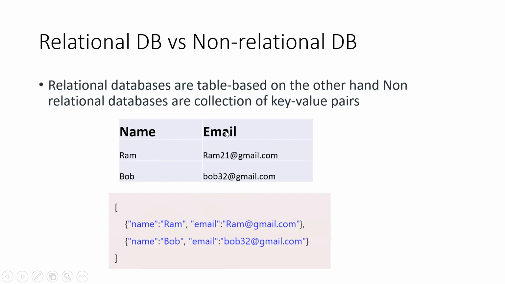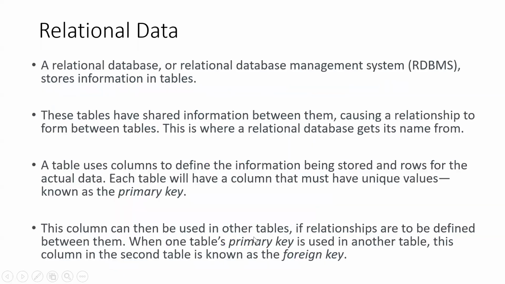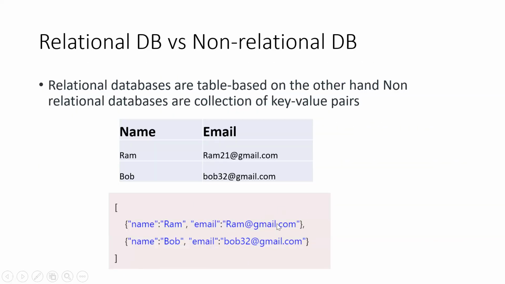Then we need to update the table structure first, then insert the data. But over here, suppose I need to insert date of birth for a particular employee, we just need to add another key value pair saying which employee has the date of birth. Just insert that key value at the very next. So this is the concept of non-relational database, and this is the concept of relational database.